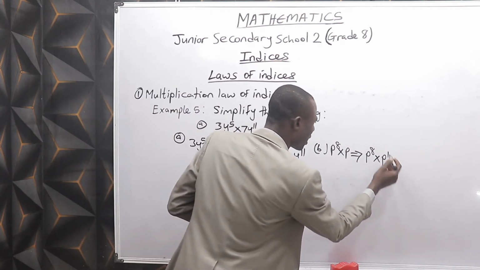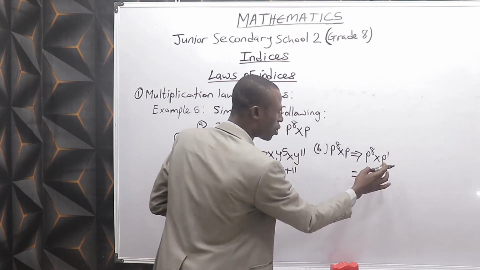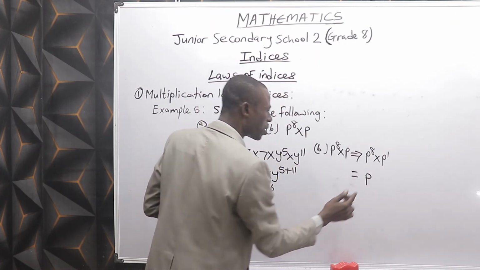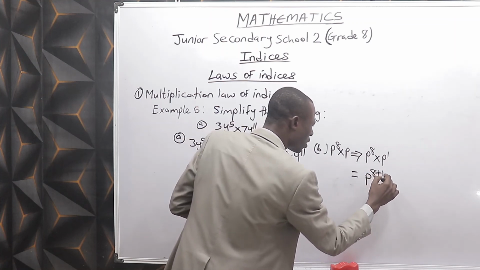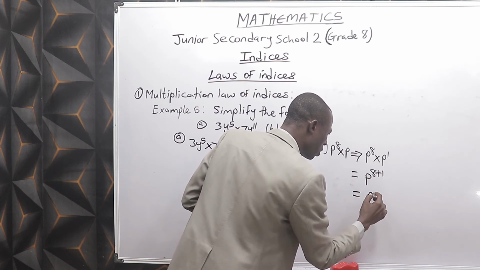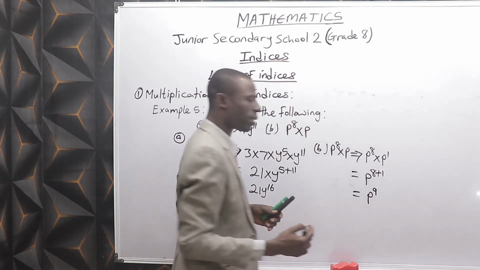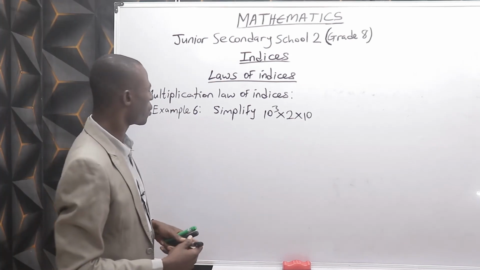So you now indicate that power 1. You move further by applying the law of indices. Choose one of the common bases. Now add up the two powers on that only one chosen base, and you have p raised to power 9. And that is that. Let's consider this example 6.